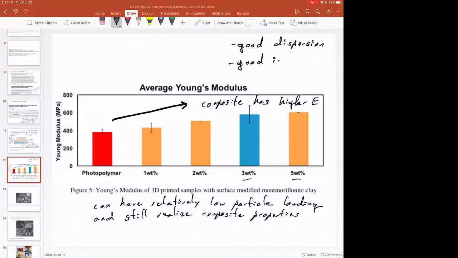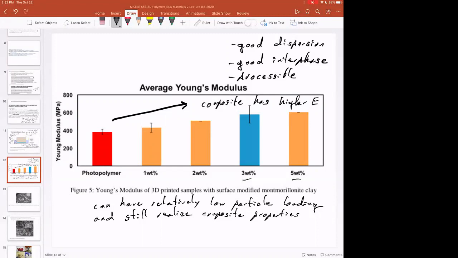Good interphase. Remember when we talked about that? And the material needs to be processable. And so that's why you see a lot of resins have relatively low particle loading.